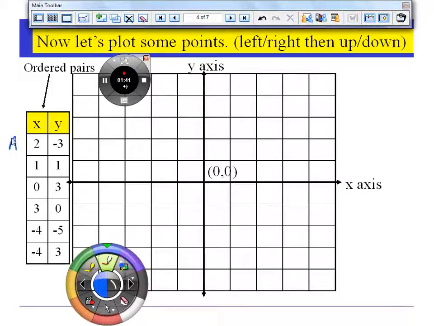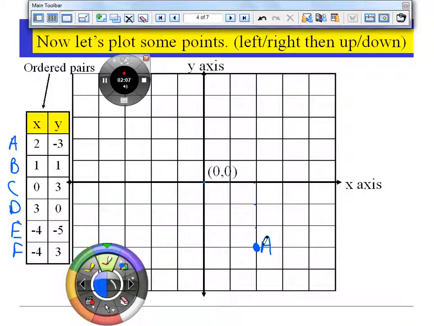And I'm going to label these points A, B, C, D, E, and then F. So point A, I start right here. I go over 2, and then I go down negative 3. So I put a dot right there. That's 2, negative 3. I'm going to label that as point A.